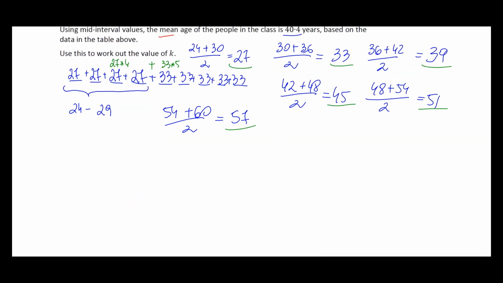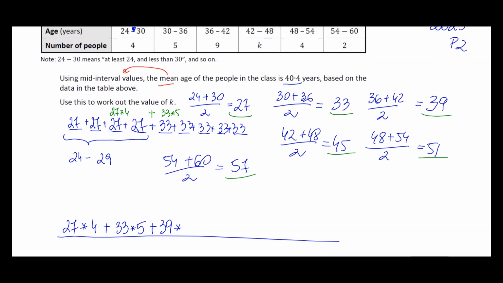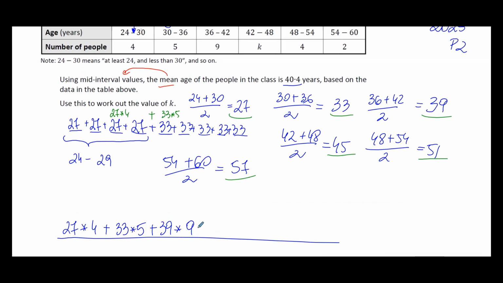Okay, let's write it out. So my mean: first one was 27 and there were 4 people. Then we had 33 and there were 5 people. Then the next one was 39 and we had, let's just get the table so that we can see it, 9 people, plus the mean here, 42, 48, that was 45, and k people, plus, and then the mean here was 48, 54, 51, and that's 4 people.